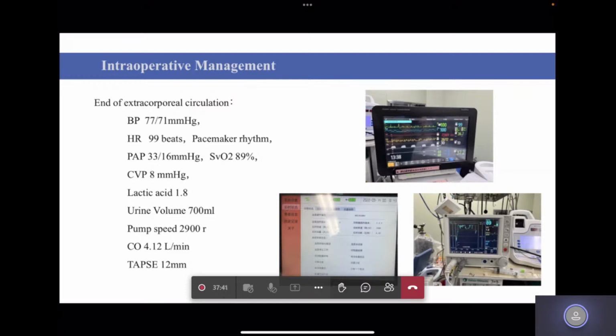The pulmonary artery pressure is a little bit higher, 33 over 16 millimeters of mercury. The SpO2 is 89%, the CVP is also good, and the lactic acid is low, 1.8.